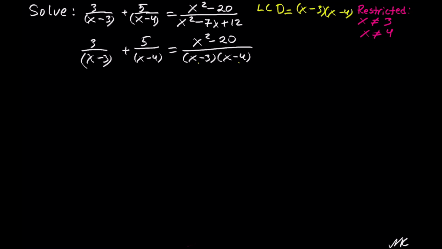Let's begin solving this equation by multiplying both sides by the least common denominator of x minus 3 times x minus 4.